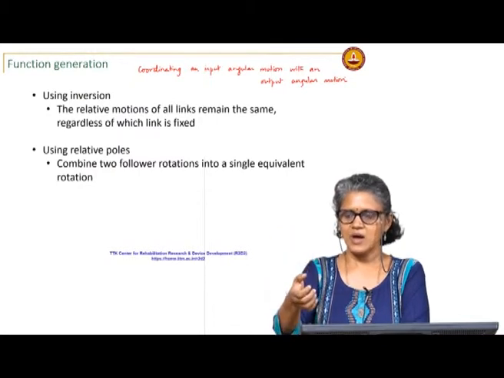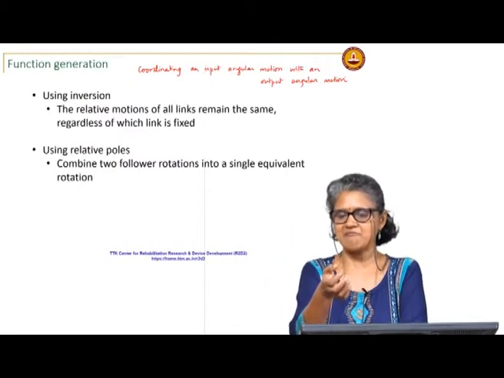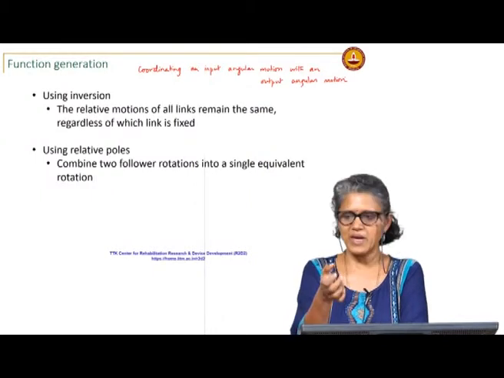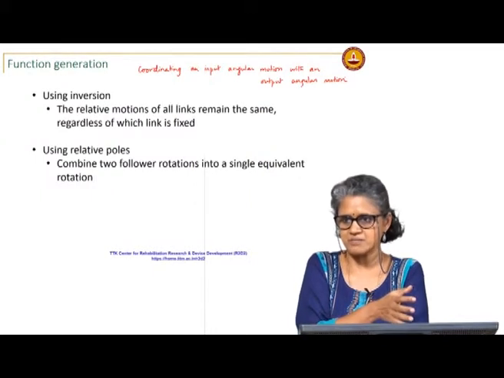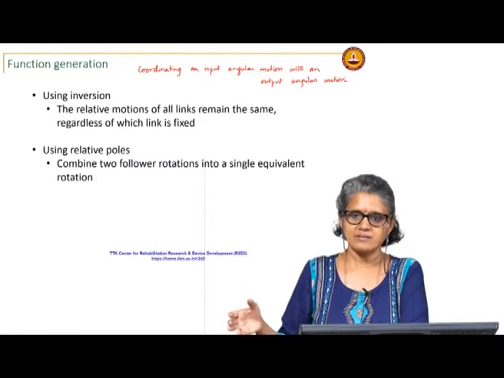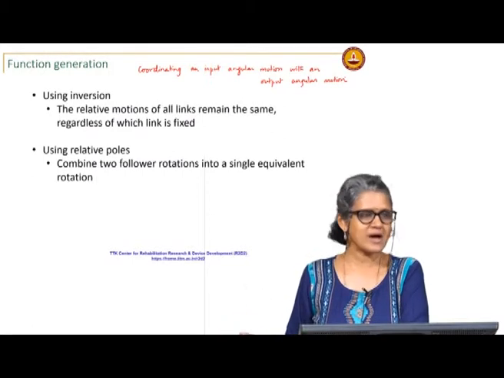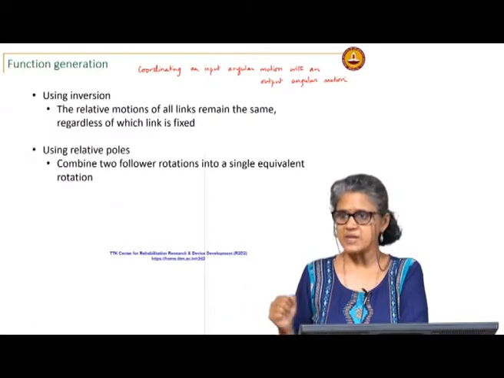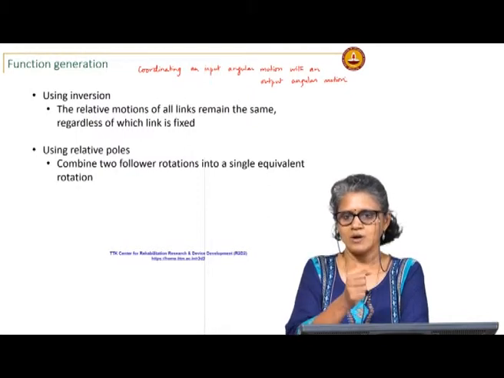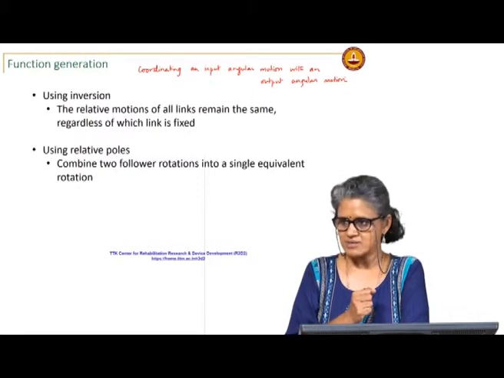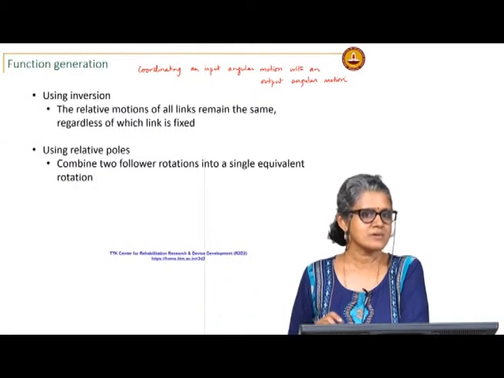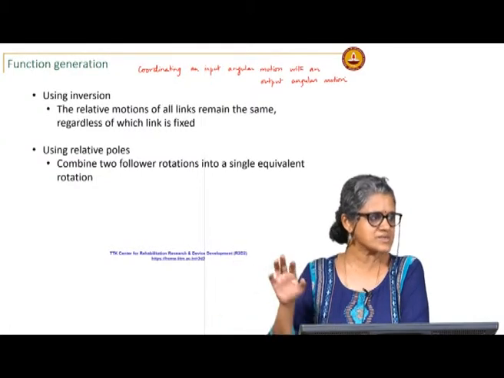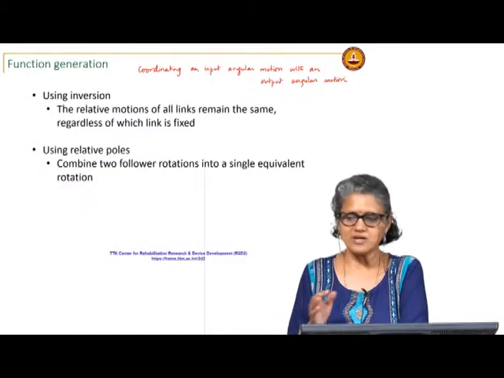Okay. So, you may have a valve opening. You may have a handle at a particular location connected to a somewhat farther away location where you are opening something. So, you move a handle through a certain angle and that opens something at a different location.